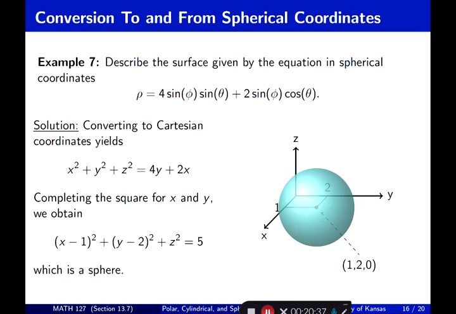So the center of the sphere is x equal to 1, y equal to 2, and z equal to 0, and the radius of the sphere is equal to square root of 5.